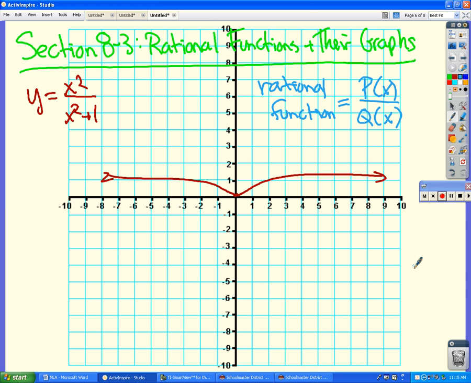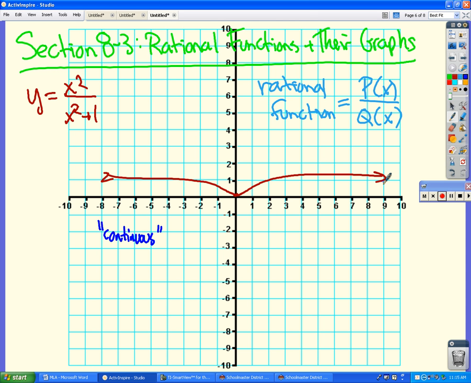This one right here is called a continuous function because you could put your pen or your pencil on the left side of the graph and draw the function all the way to the right side of the graph without ever lifting your pencil off of the paper.